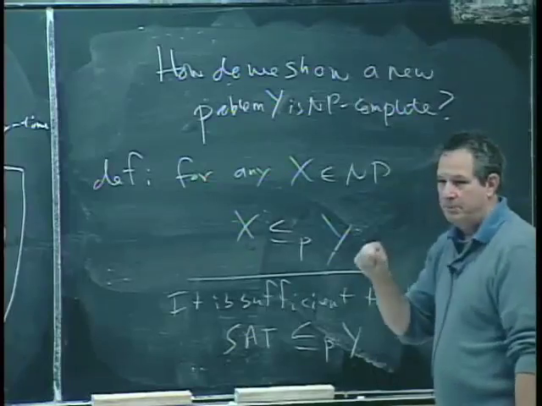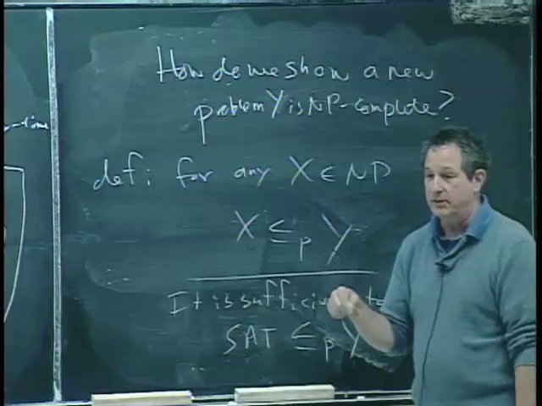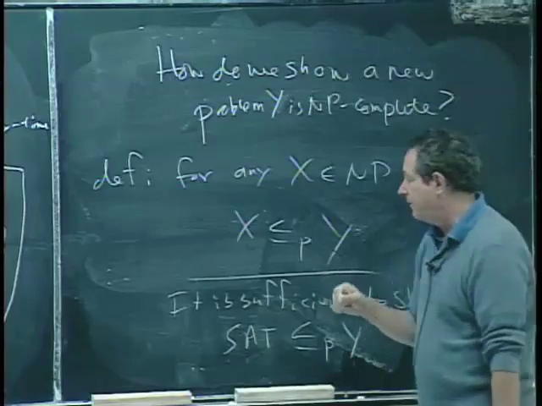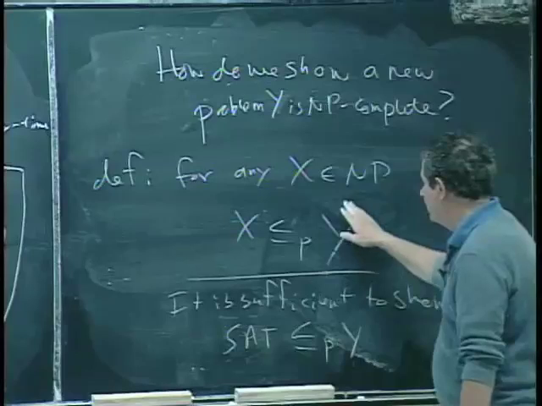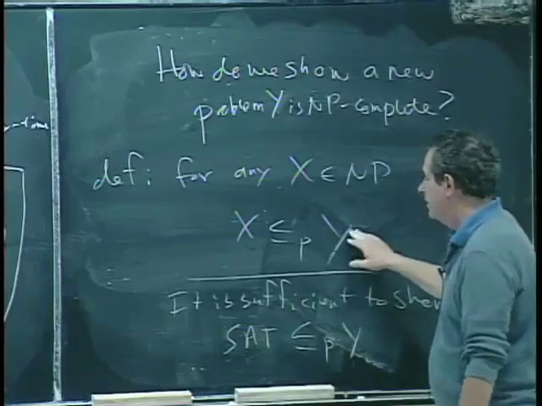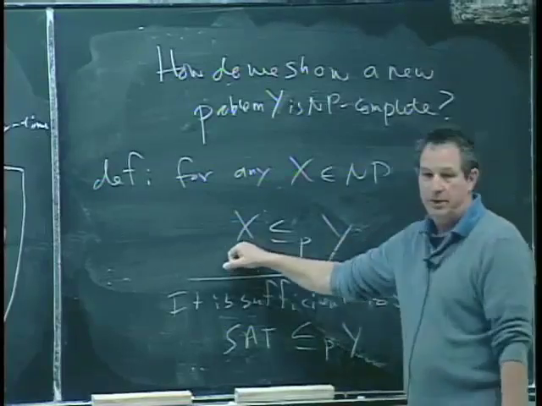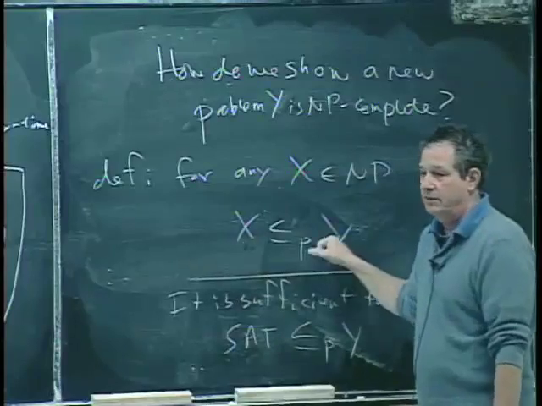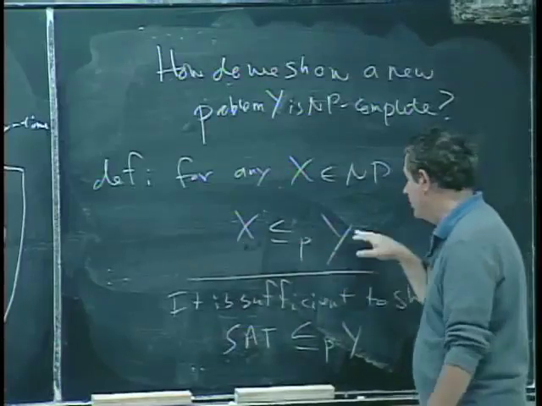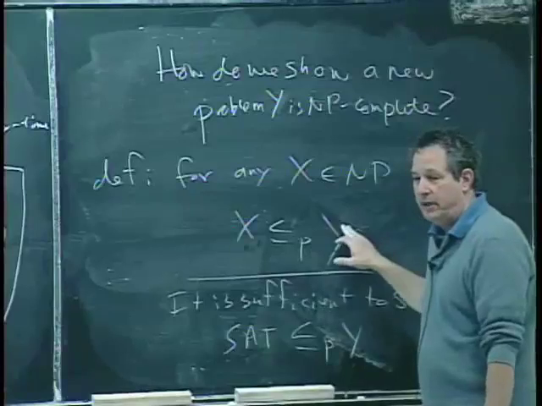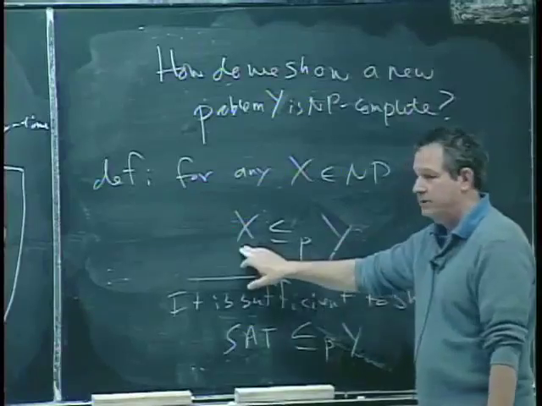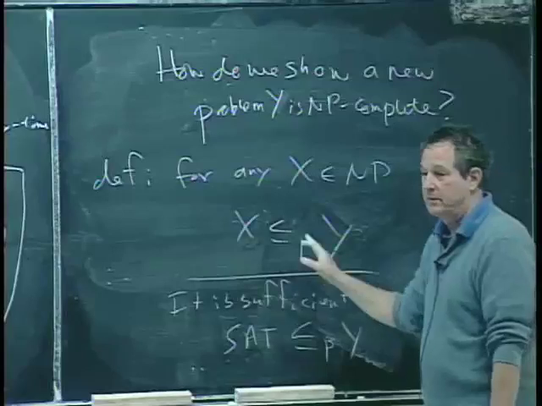The mistake that most people make, and this will be on the final exam, and some people will make this mistake, is this: when you want to prove a new problem Y is NP-complete, you reduce an established NP-complete problem to Y. That's the logic of it. You don't reduce the problem you're trying to prove as NP-complete to an established NP-complete problem. That does nothing.